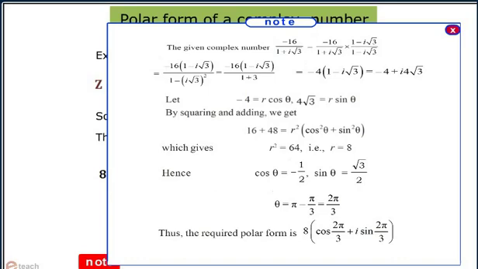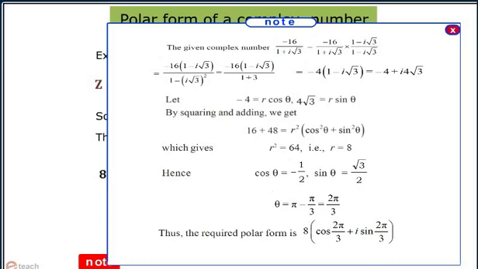So we get minus 16 times 1 minus iota times under root of 3 by (1 minus iota times under root of 3)(1 plus iota times under root of 3), which is equal to minus 16 into 1 minus iota times root 3 by 1 plus 3, which is equal to minus 4 times 1 minus iota times root 3, or minus 4 plus iota times 4 root 3.